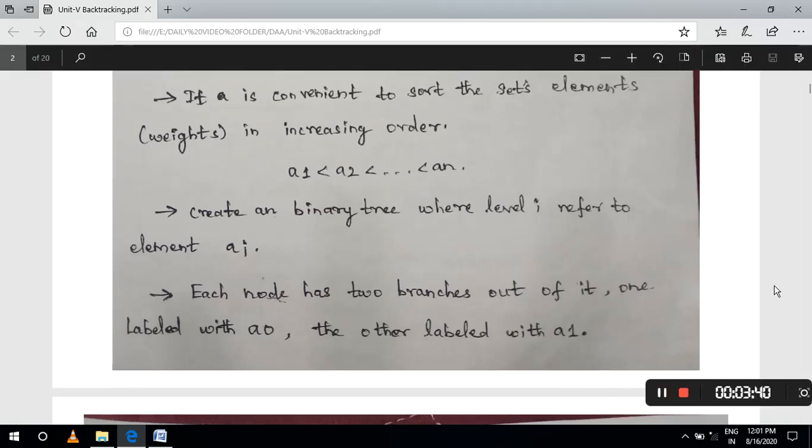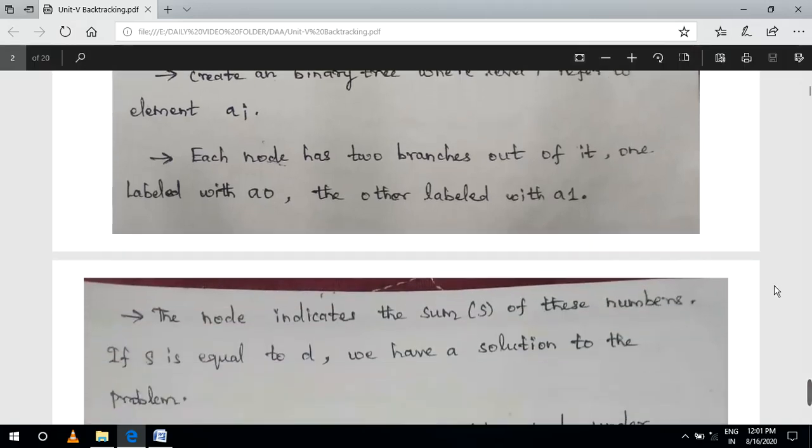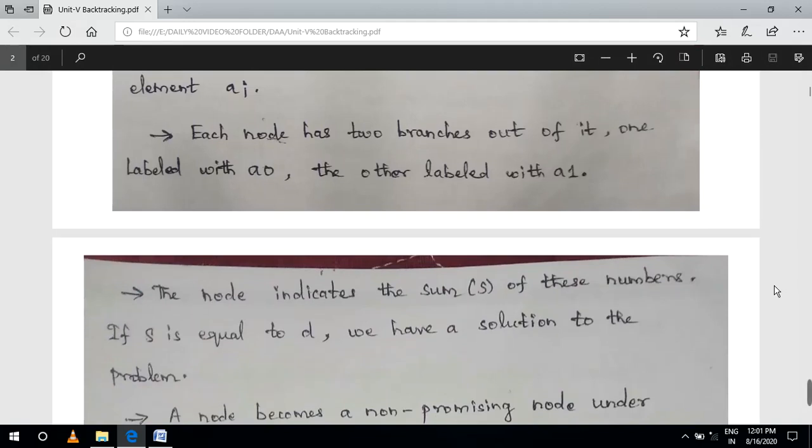Next point: the node indicates the sum S of these numbers. If S is equal to d, that means if the subset sum S equals d, we have a solution for the particular problem.